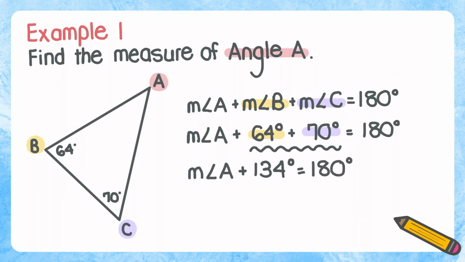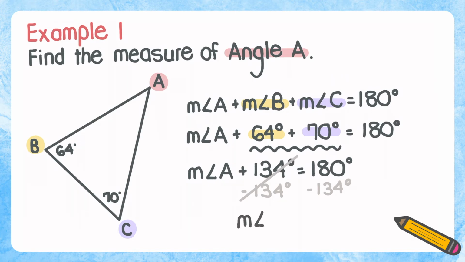How do I solve for the measure of angle A from here? I'm going to subtract 134 degrees on both sides. Since 134 degrees minus 134 degrees is 0, this cancels out.